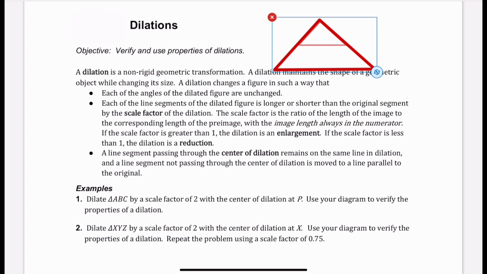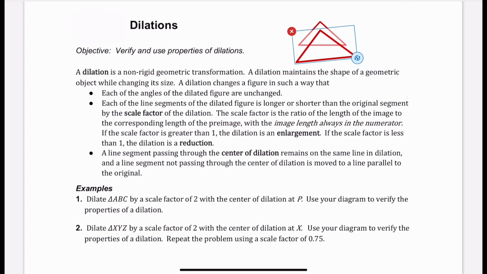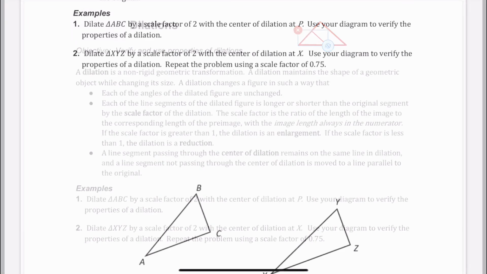So this would be an enlargement. But I could have also made this smaller and the angles still line up, but the scale factor would be smaller than 1 because it's a reduction. So it would be like a fraction, like maybe 1/2 or 1/3 or 4/5, something like that.